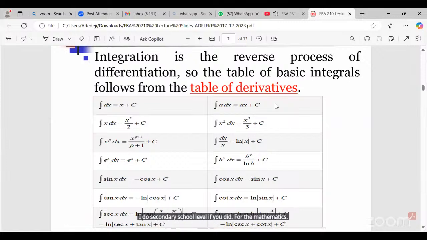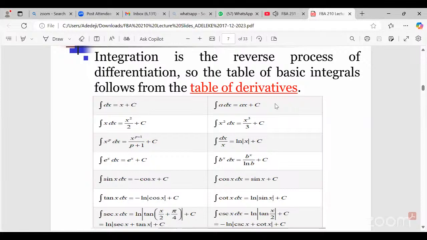So also, if you are integrating a function to power 1, what the integral says is that you will increase the power by 1 and then divide the new function by the new power.